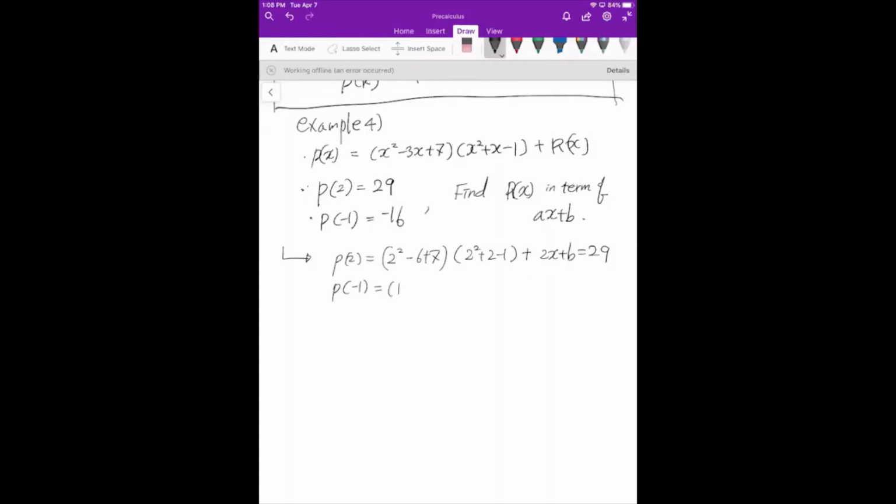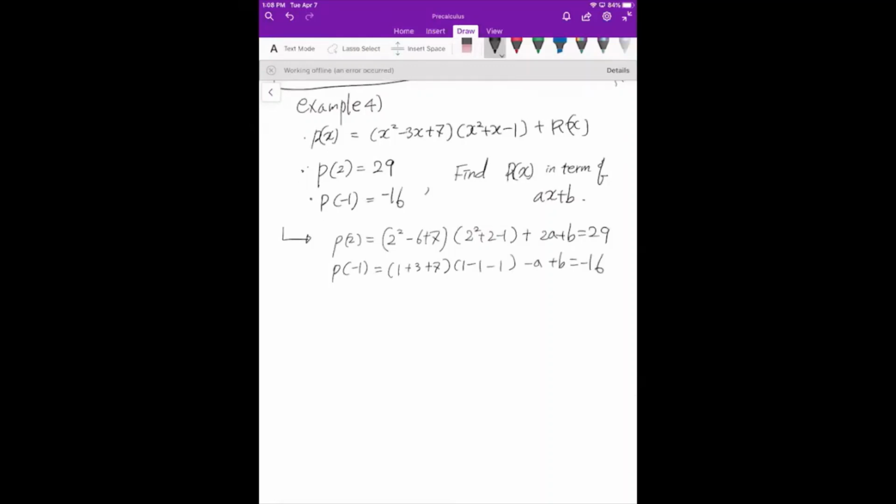You have (1 plus 3 plus 7) times (1 minus 1 minus 1), and then minus a plus b, which is negative 16. You solve that: 4 minus 6 plus 7 is 5, so 5 times 5, so 25 plus 2a plus b is 29, and then negative 11 minus a plus b is negative 16. Shall we do a simultaneous equation or system of equations, whatever you're familiar with?